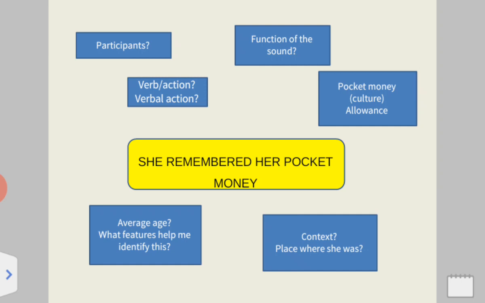In that range, it could be okay to determine Mary's age because of the excitement of having the ice cream, because of the fact that she can have money to buy the ice cream, and she can get the money by herself. And then finally here, we can recall the context again, the place where she was. Probably ahead we have more information about this, but we need to keep the question: where did this happen? Inside the house, outside the house, in a park, where?